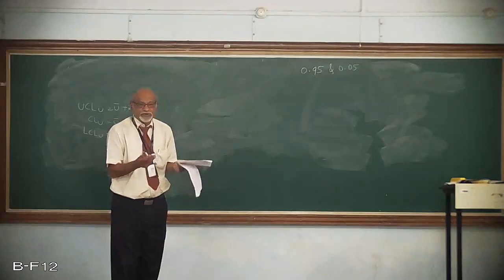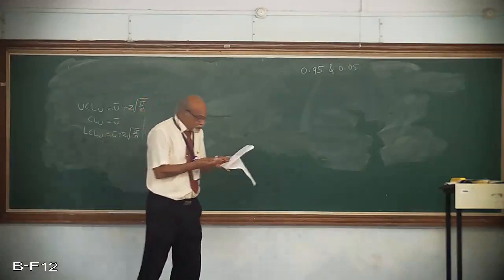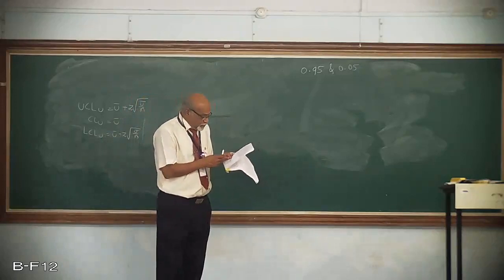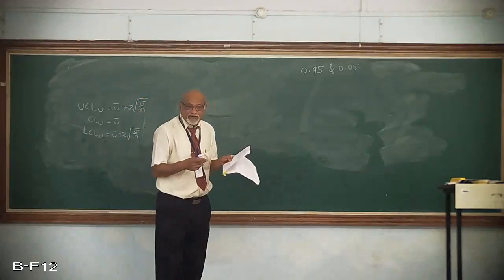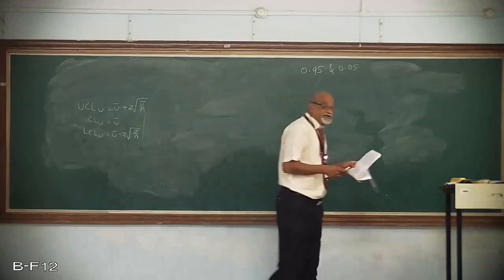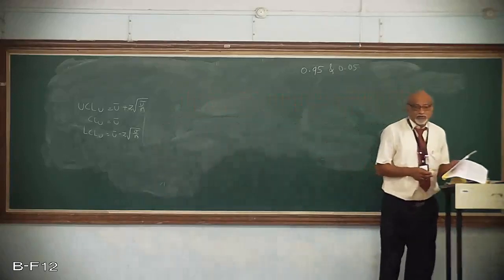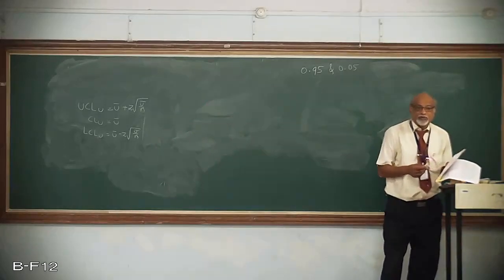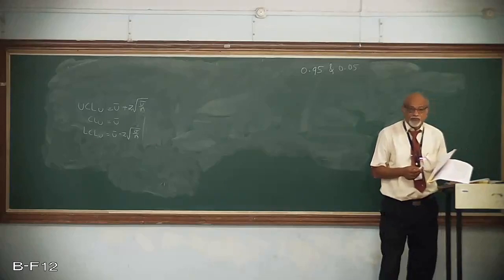Not extrapolation here, interpolation. The Z value is between 1.64 and 1.65. So the exact value for 95% will be in between these two, that is 1.645.